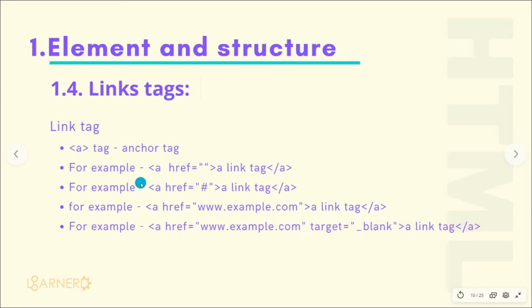For good practice, if you don't want to navigate the user to a particular location, but you want to provide an anchor link, then we can use a hash symbol. This hash symbol tells the browser that this link is an anchor link, but it doesn't navigate to any location.